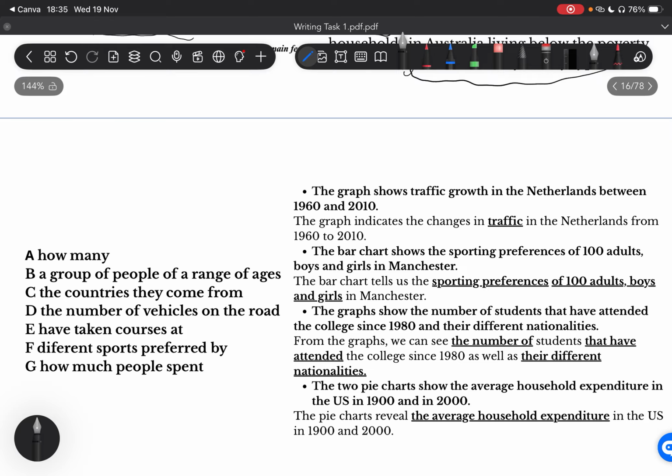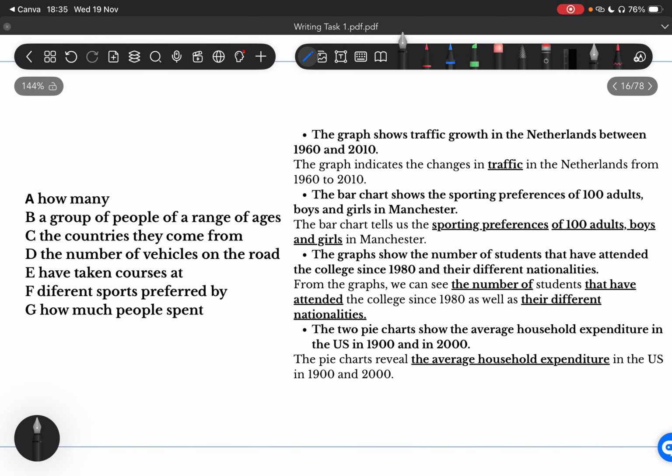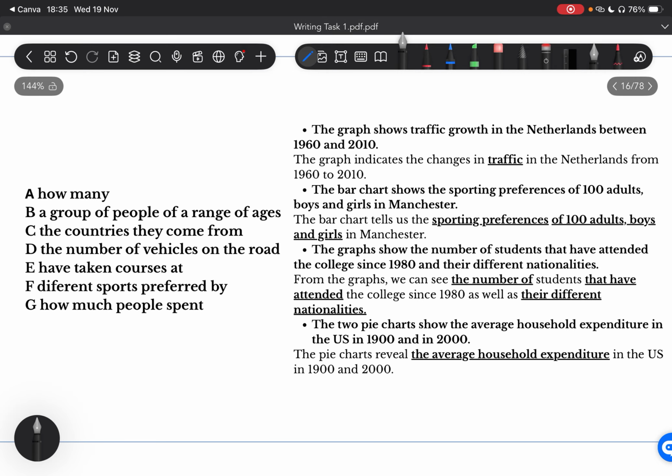Okay, here we have a task that you can do to see if you grabbed the point. So here the first one is a topic task. The second one is the paraphrased introduction of this task. But some words were not paraphrased.